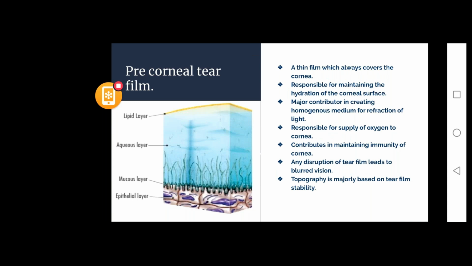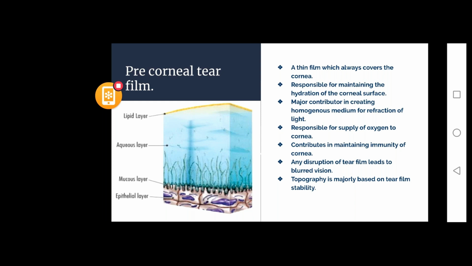And secondly would be the precorneal tear film. When we talk about topography, the tear film plays an extremely important role. Why it plays an important role, we'll come to throughout the slides. But yes, it is important because it is always bathing the cornea.